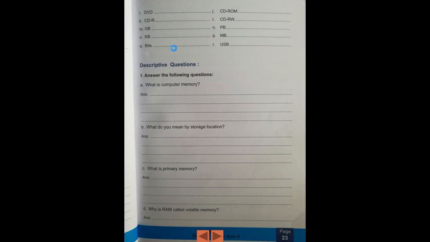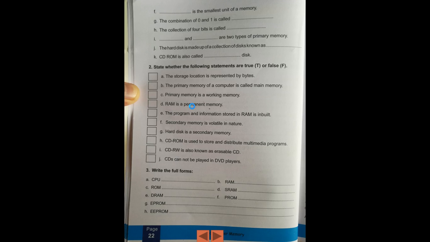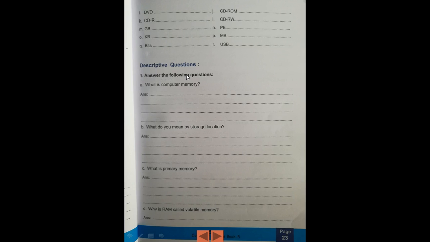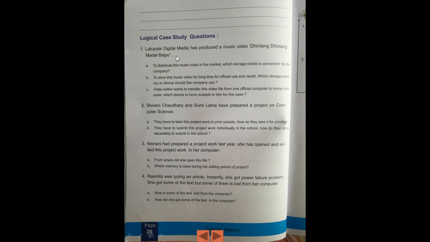After you have completed the 3 objective questions, then you will be coming to the descriptive questions, and here you need to write the answers. So there are many. Okay, all of these details we have gone through thoroughly, so you will be able to now write the answers to each of them.